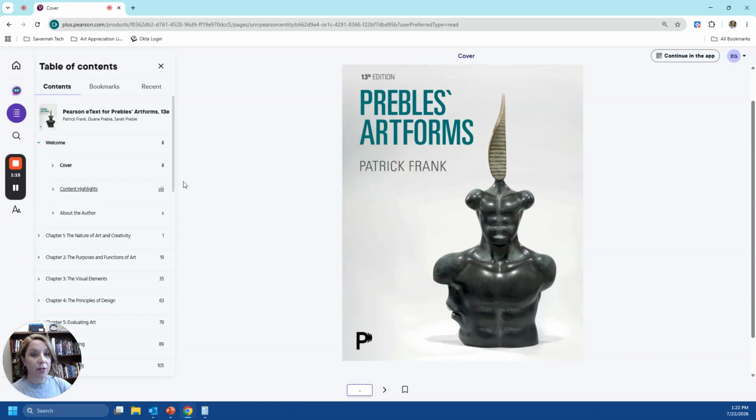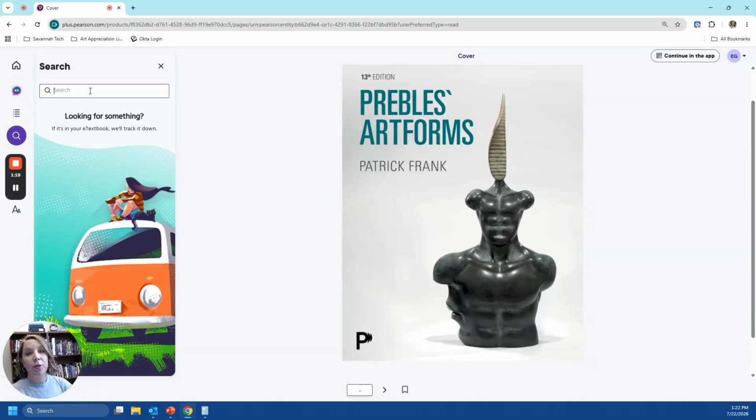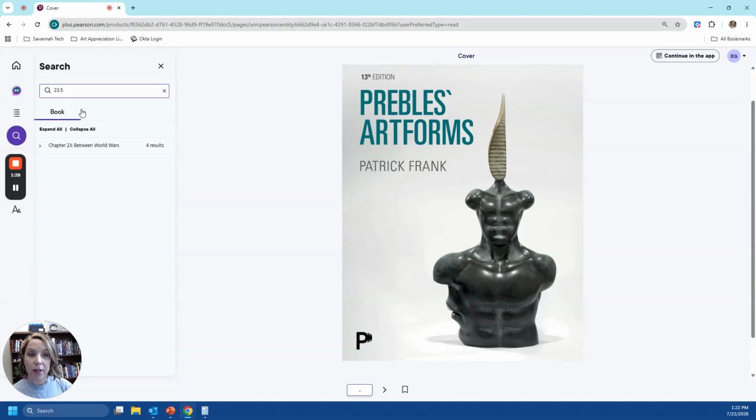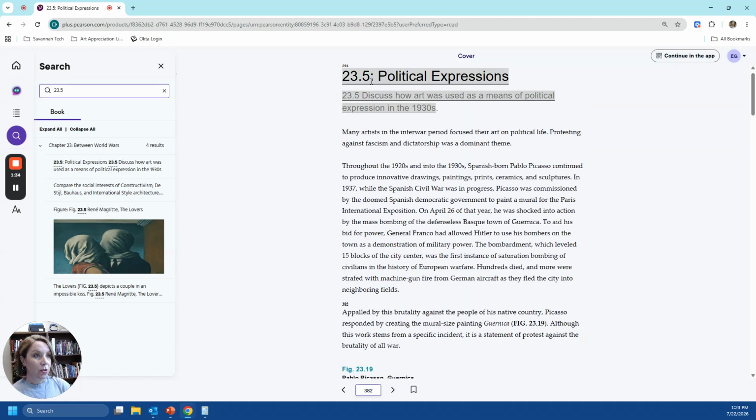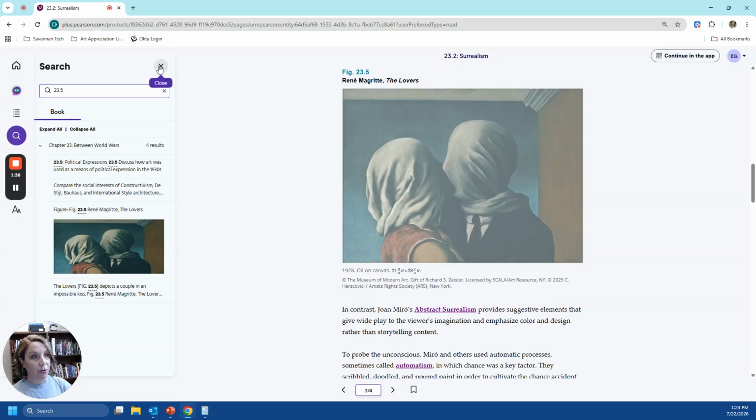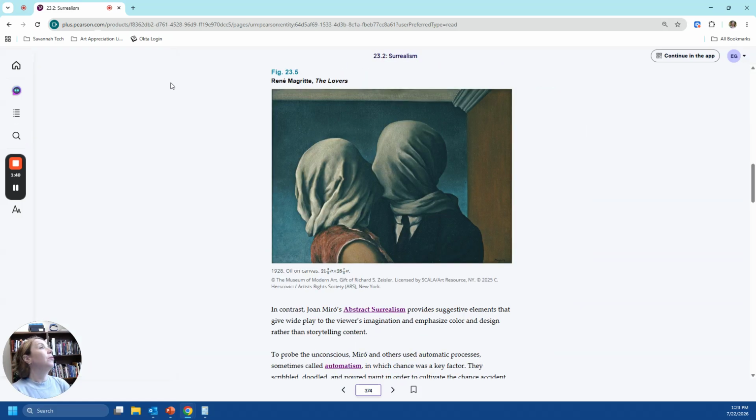So for example, you might come across a test question that reads, "Who is the artist of image 23.5?" And the idea is that you need to look it up. Now, keep in mind, it's not section 23.5, but image number 23.5 or figure 23.5.